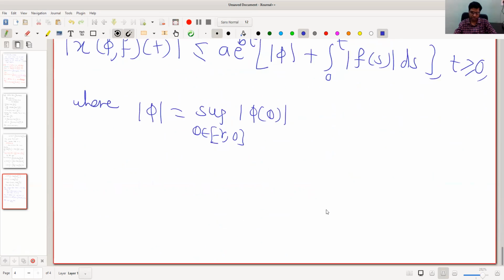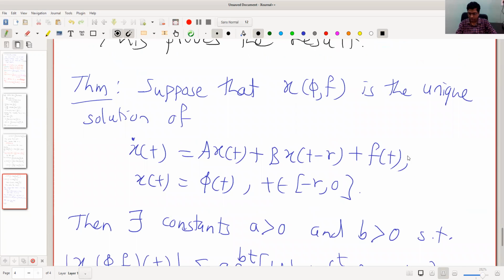Let us prove this result. We are going to use the second part of Gronwall lemma. We call this problem 1.